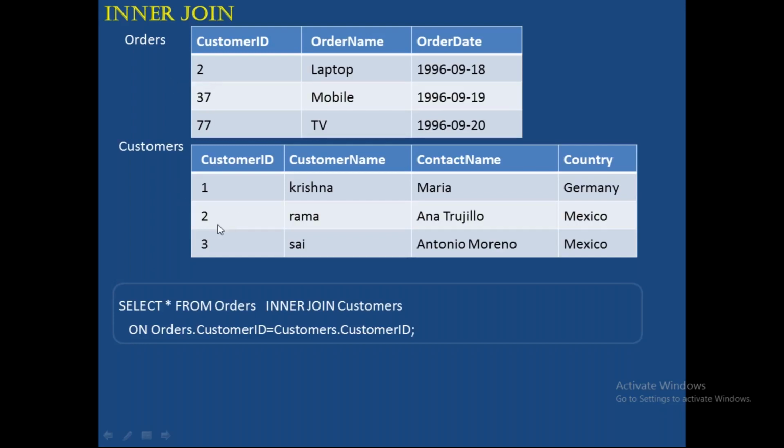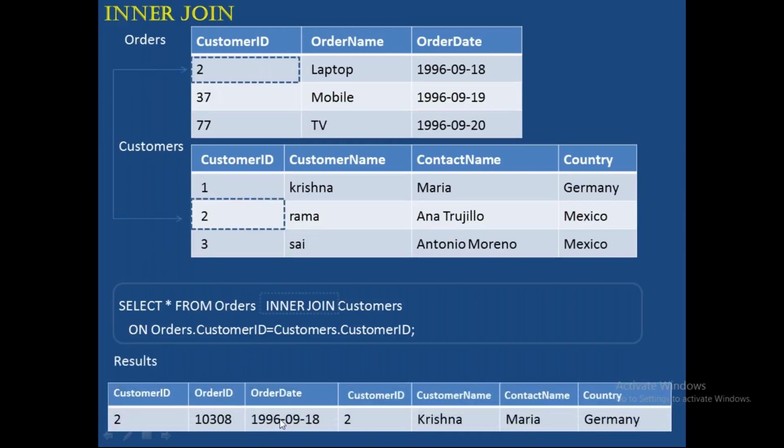Now see, only 2 is matching, 2 is common in both. So when you display the result, you will get only the common record, that is 2. This is nothing but an inner join. We are going to see it practically, and we also discussed this in SQL as well.